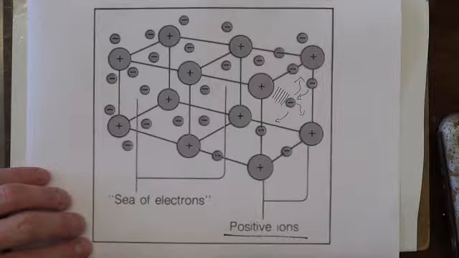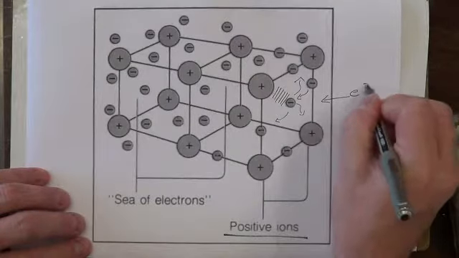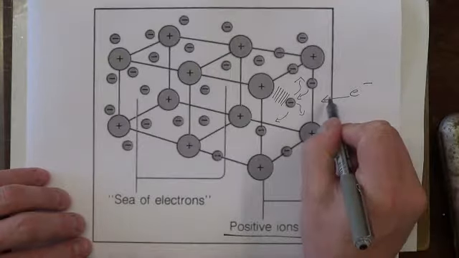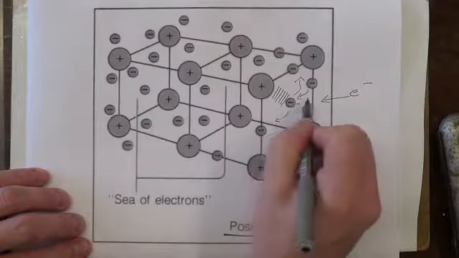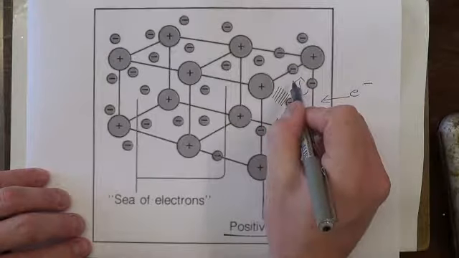So how does this affect the properties? Well, you should all know by now that the movement of charge, the movement of electrons, is essentially electrical current, the flow of electricity. If I was to try and force electrons into this end of the metal, because of their negative charge they would repel the electrons that are already here.